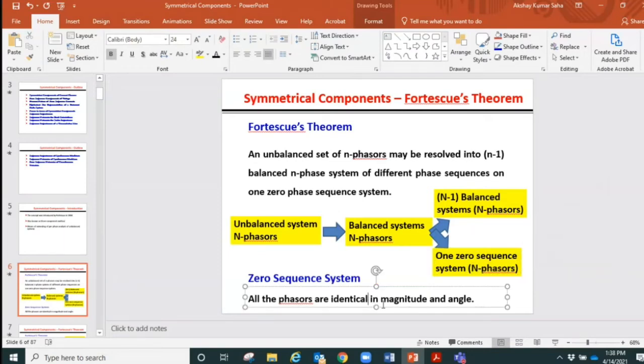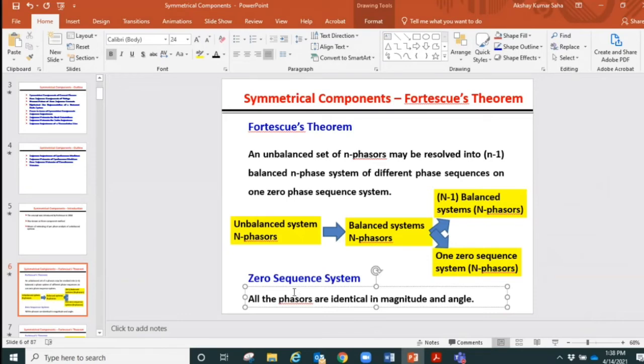And what is the zero sequence system? We talked about positive sequence and negative sequence. The third one is called zero sequence, meaning it's a sequence where all the phasors have the same magnitude, but they are parallel to each other, meaning they have a 0-degree angle from each other.